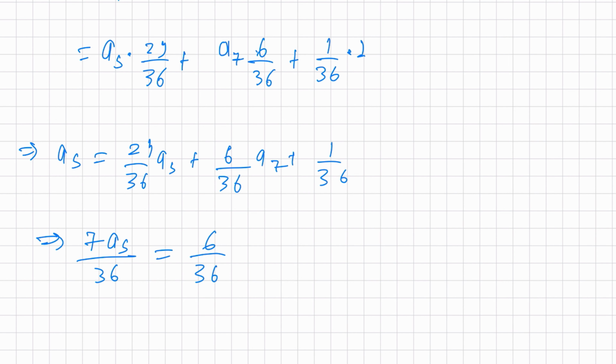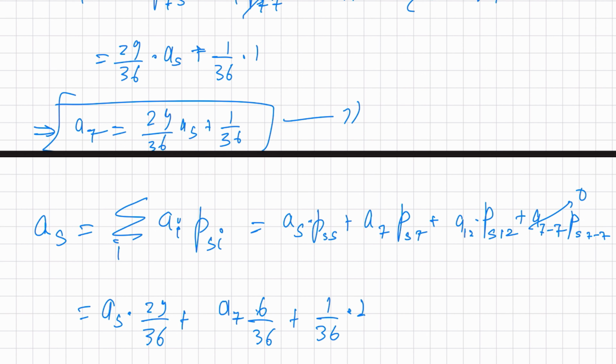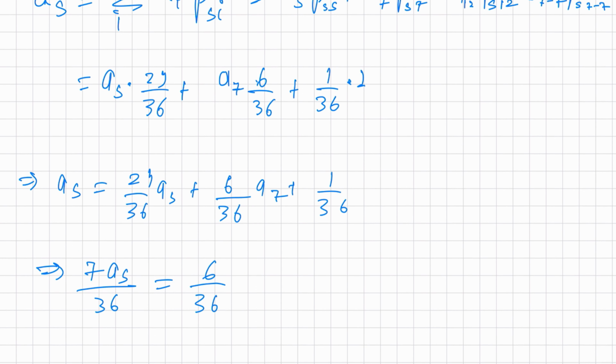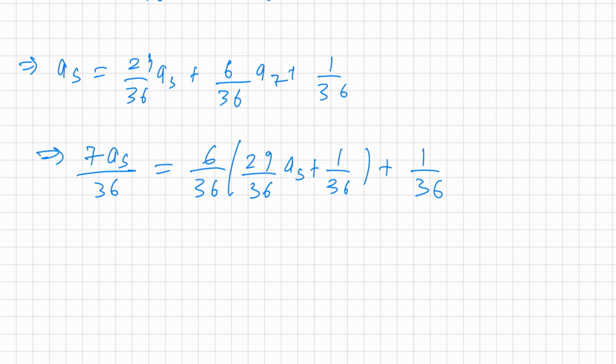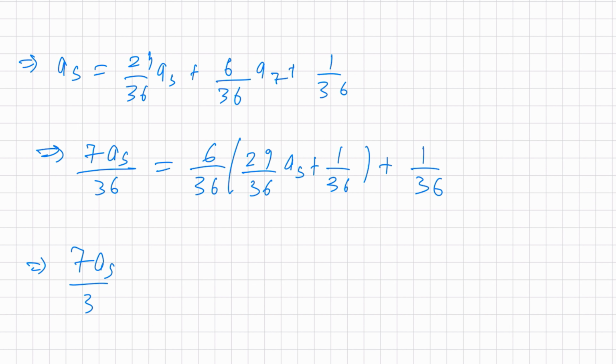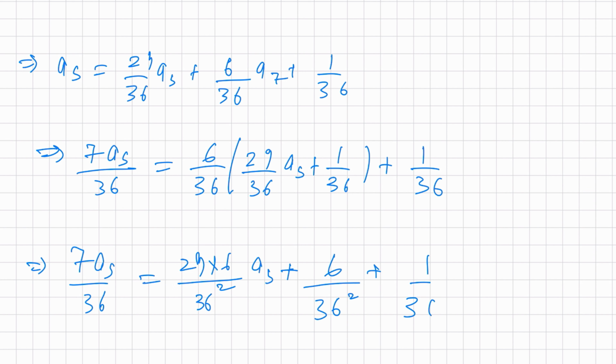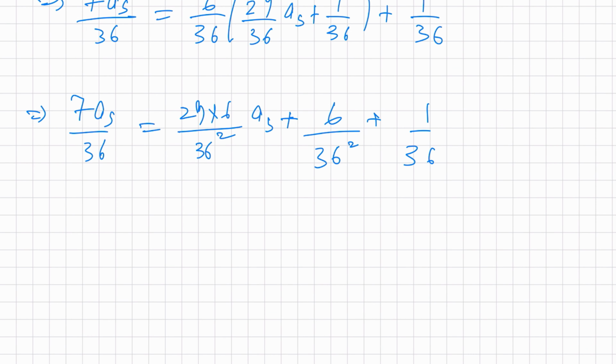I use equation 1 here, which I've computed for A7, and replace it here. So 6 by 36 times A7, which is 29 by 36 AS plus 1 over 36, plus 1 by 36. This becomes 7 AS by 36 equals 29 times 6 by 36 squared AS plus 6 over 36 squared plus 1 over 36. Now you can just bring this here.